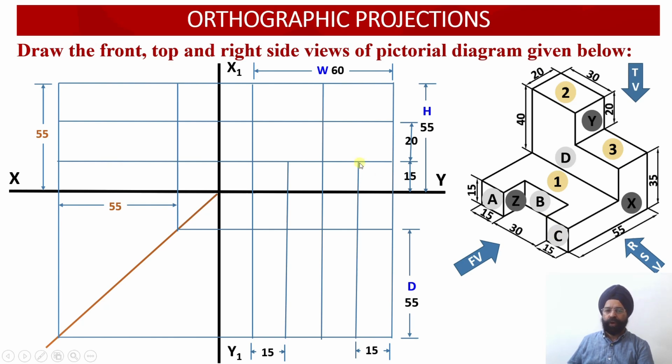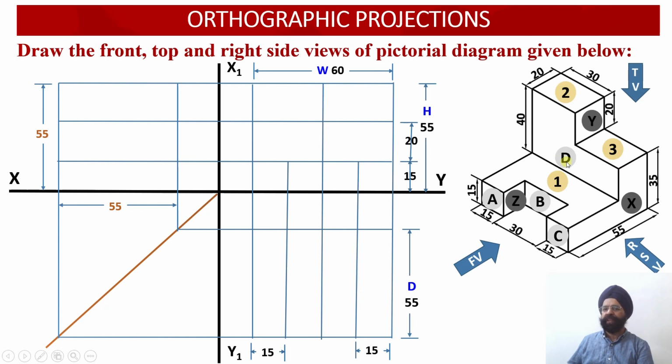Once we have drawn this vertical projection line, surface C has been automatically located. Once we have located surface A, this remainder portion we can check, this is our 30 millimeter width and 15 millimeter height. So this is our representation of surface B. So surface A, surface B and surface C, all these 3 surfaces have been located.